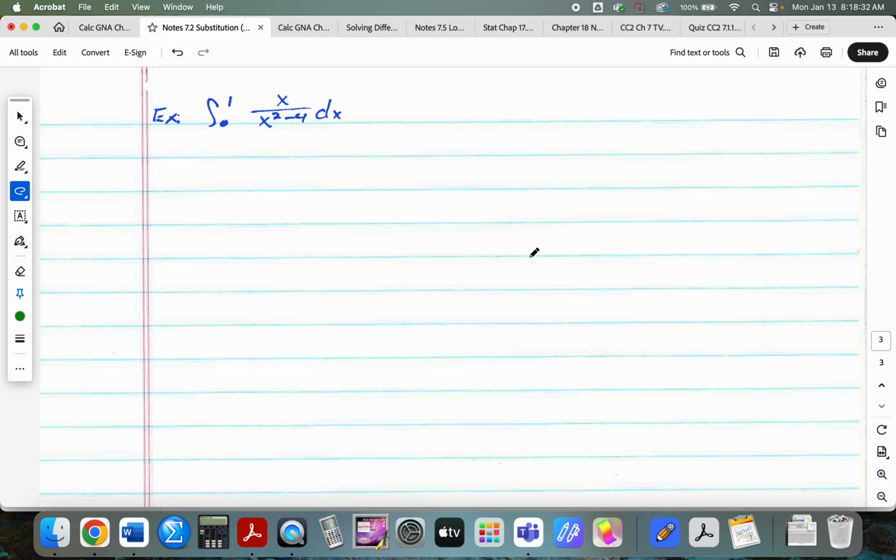One last problem. For this one, again, you look at it and go, I don't see any composite here. We kind of have to make the composite here because I look at that and I go, that's not any simple antiderivative.